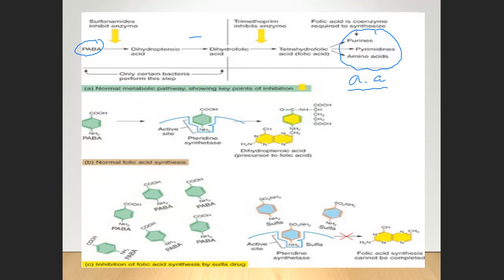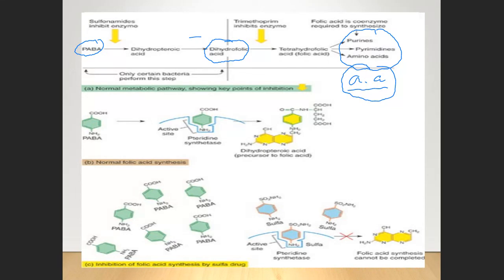The normal process is they have the substrate called PABA, and this PABA will combine with the enzyme, and then they will produce the intermediate products over here. After that, the intermediate products will be used to make the final products. Okay, so this is the normal process.